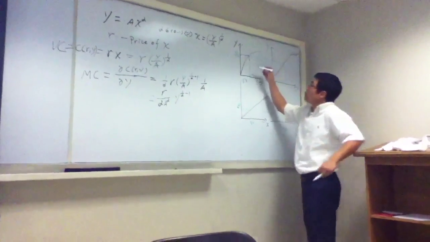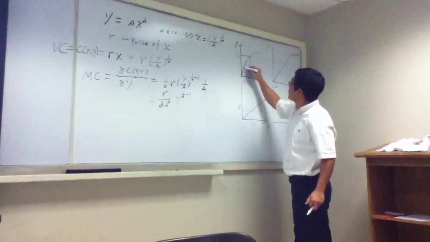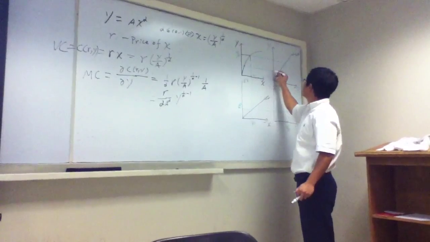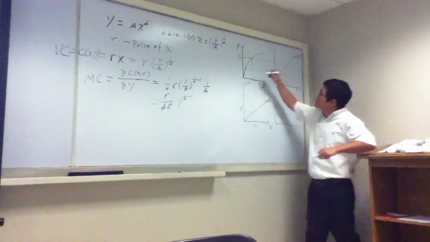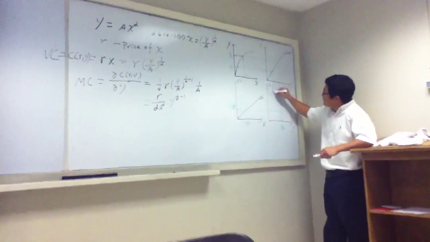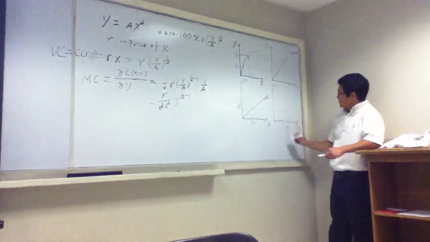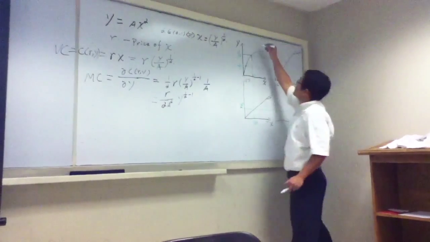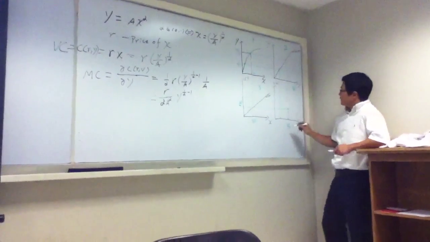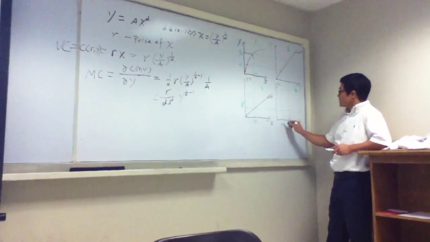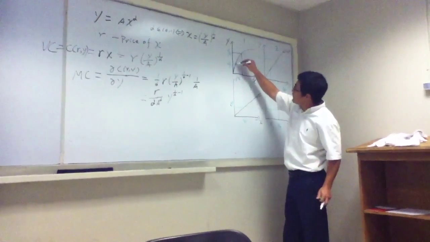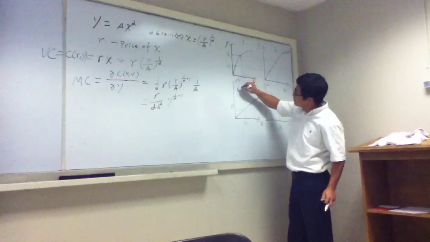Okay, pick another output target here, y1. Okay, y1 is here. So find my y1 on this. I'm going to call this diagram 4 here. That's my y1. When y1 is given, I can also figure out my variable cost.